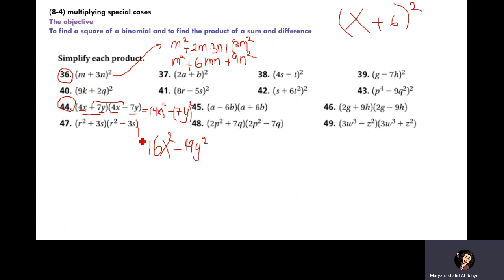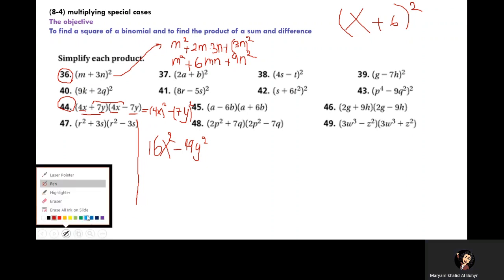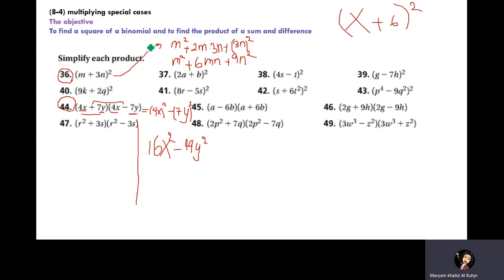Let me make more exercises with you, but I'm going to change the color. Remember, all these lessons are new for you, so you must practice them to make sure that you understand the idea. So I'm going to solve this one with you. Exactly the same idea. This one is exactly the same as this one, but the only difference is in the sign.